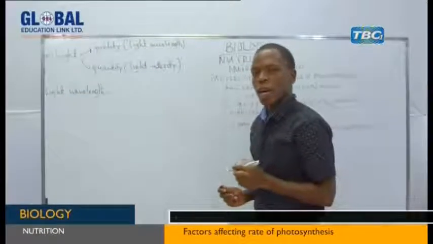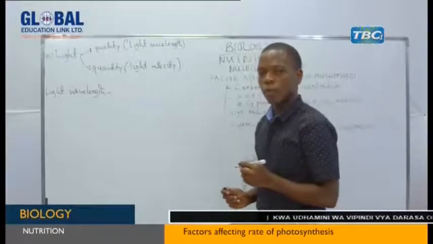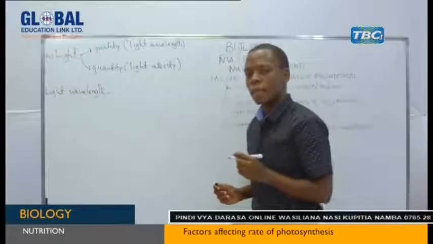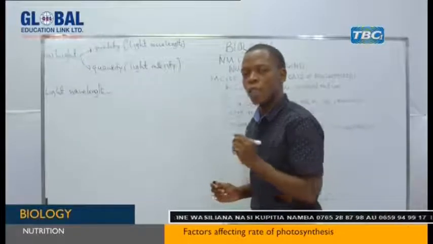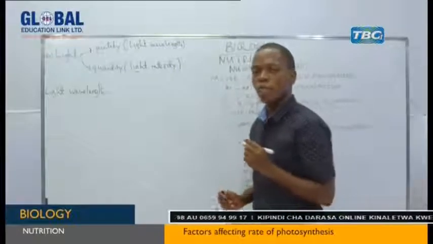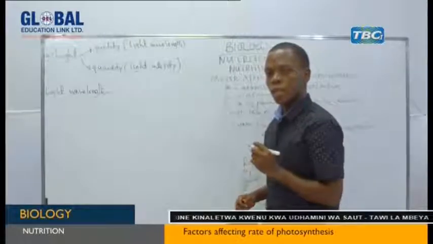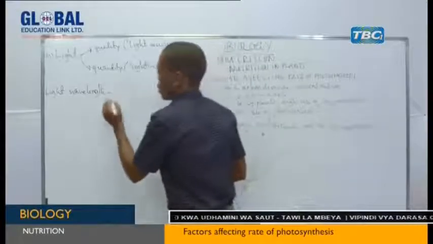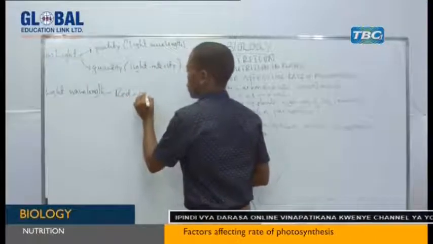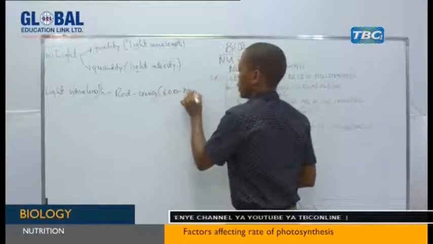for photosynthesis to occur, the green plant absorbs light within the limit of the light spectrum. Therefore, there is an effective wavelength at which the rate of photosynthesis is expected to be high. This is red, orange, which is approximately 600 to 700 nanometer.